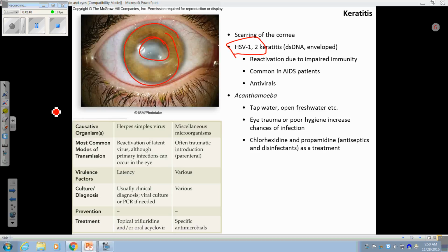So at a certain point a corneal transplant can be warranted.